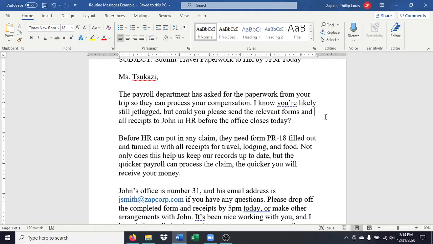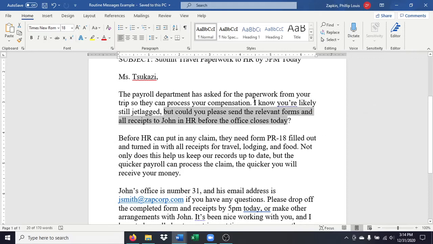It doesn't necessarily go out of its way to be super polite, but we do have a basically nice paragraph here. One of the things that you may note is this phrase right here. I know you're likely still jet lagged, but could you please send the relevant forms, etc., etc.